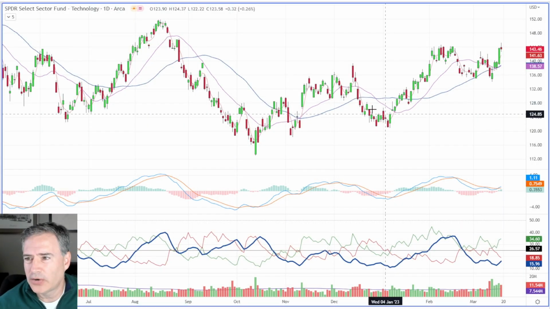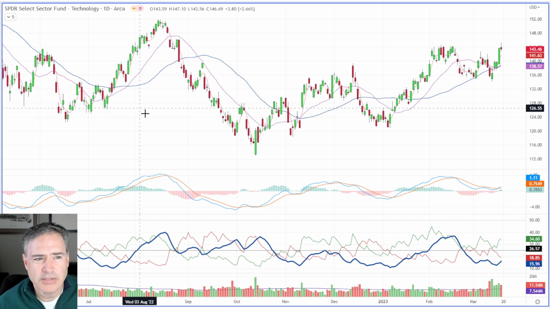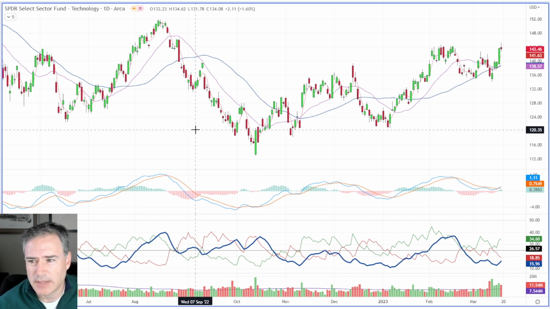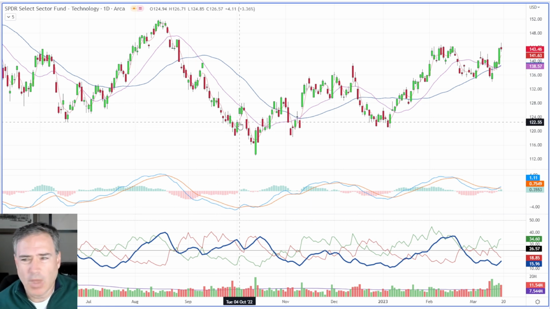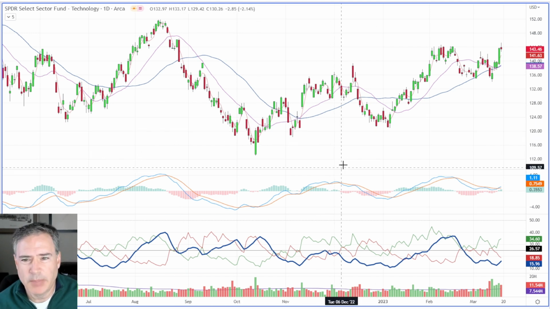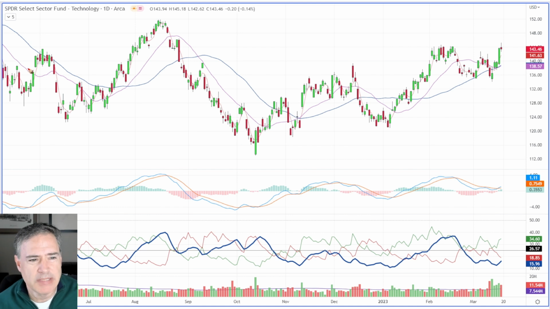I've got a daily chart of the XLK in place, and what I want to discuss is the pinch play. But what I want to explain is the typical sequence of patterns in the way things develop in many cases. If we start on the left here, notice we've got divergence taking place off the low.